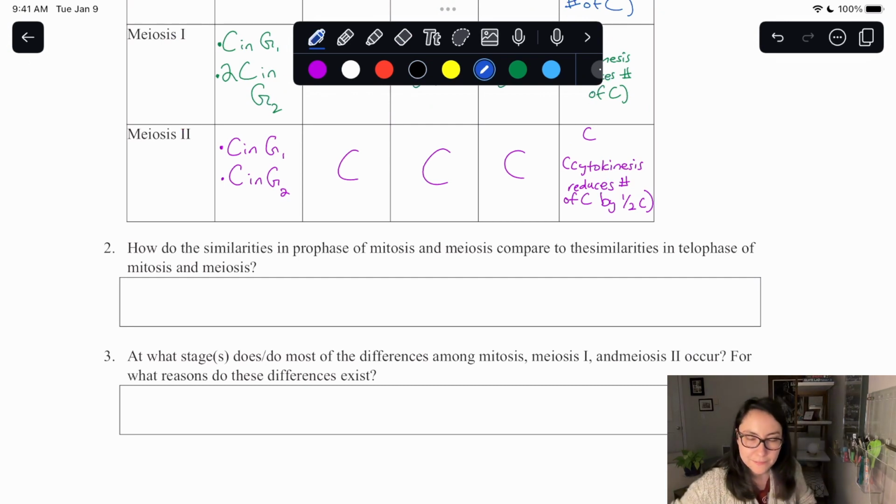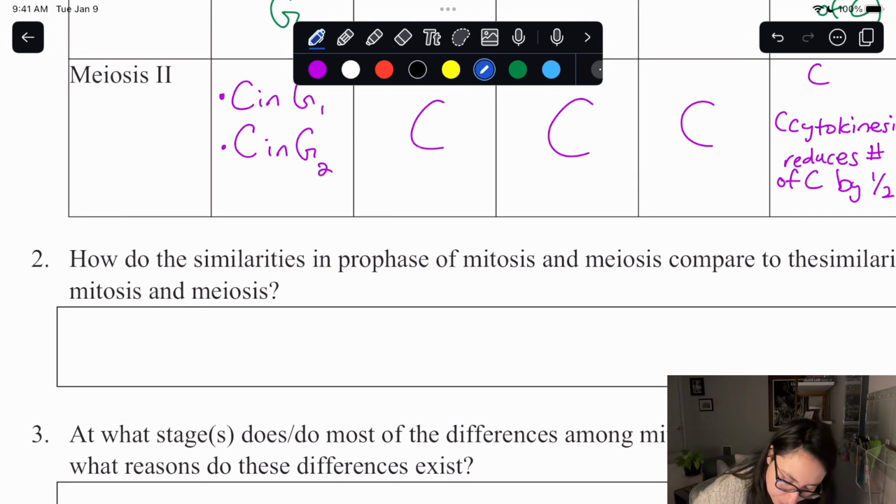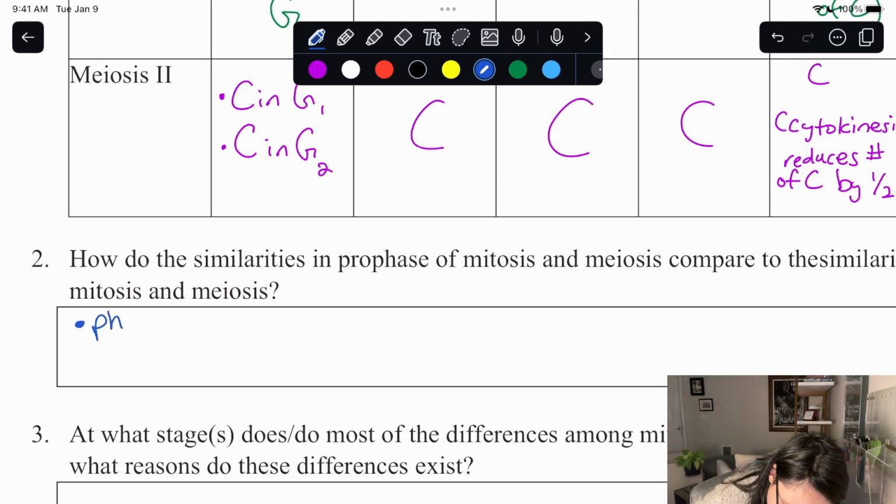Last two questions. All right, how do the similarities in prophase of mitosis and meiosis compare to the similarities in telophase of mitosis and meiosis? So again, I'm just going to do a little bullet point up here for prophase. Have a little bit of an arrow here.